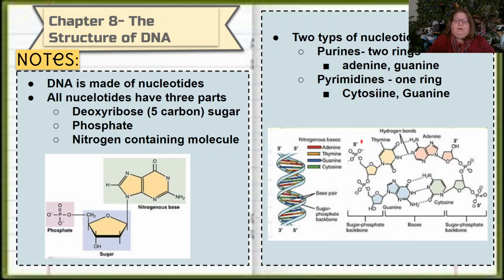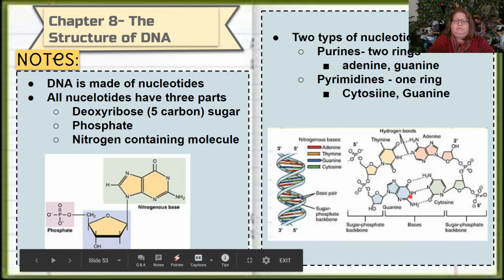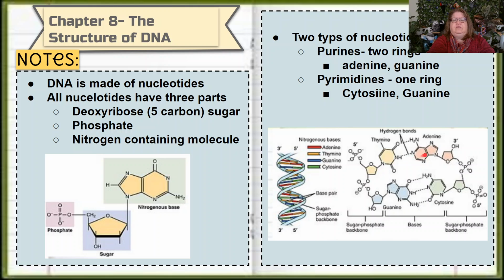And so what ends up happening is you've got one nucleotide, here's thymine, connected to another nucleotide, here's guanine. That makes up one side of the DNA molecule, and then it is connected to the other side through the pairing of the bases. The thymine will always match to an adenine, and then a guanine will always match to a cytosine.